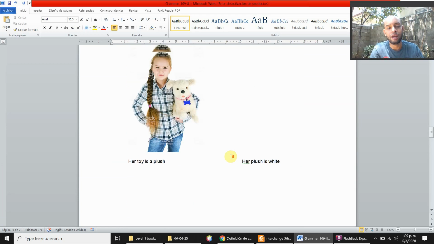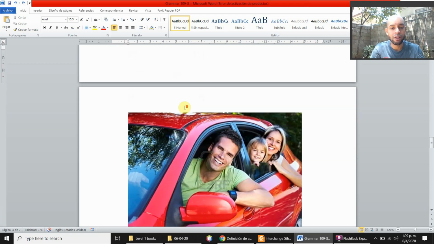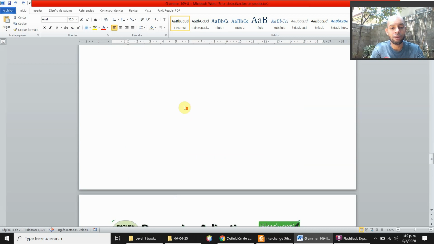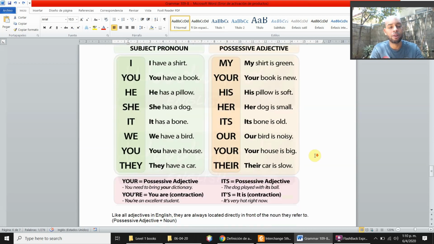So imagine that this dog was real. Her dog is white. Imagine that the dog was real. It's similar to this example. She has a dog. Her dog is small.